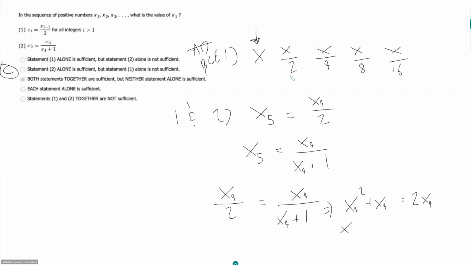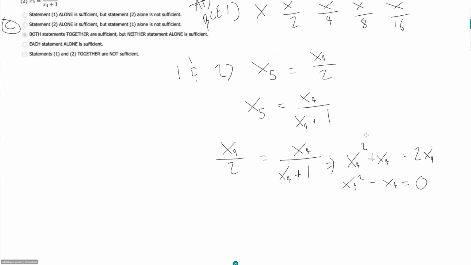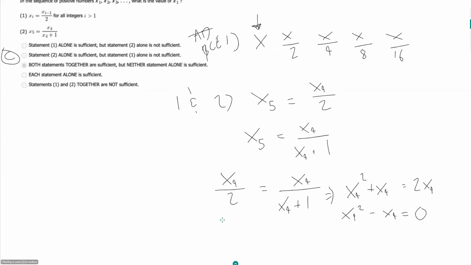Based on this, we get x sub 4 squared minus x sub 4 is equal to 0. So we can factor out an x sub 4: x sub 4 times x sub 4 minus 1 is equal to 0. So x sub 4 is either equal to 0 or x sub 4 is equal to 1.